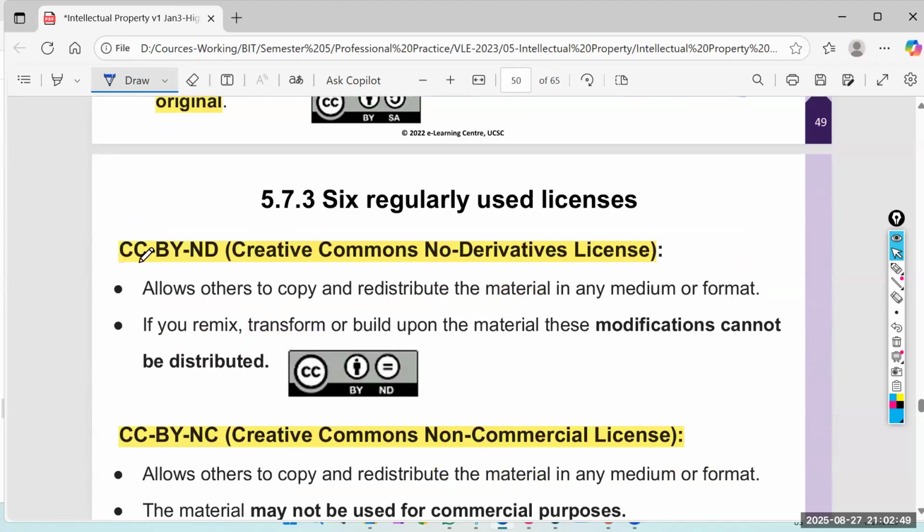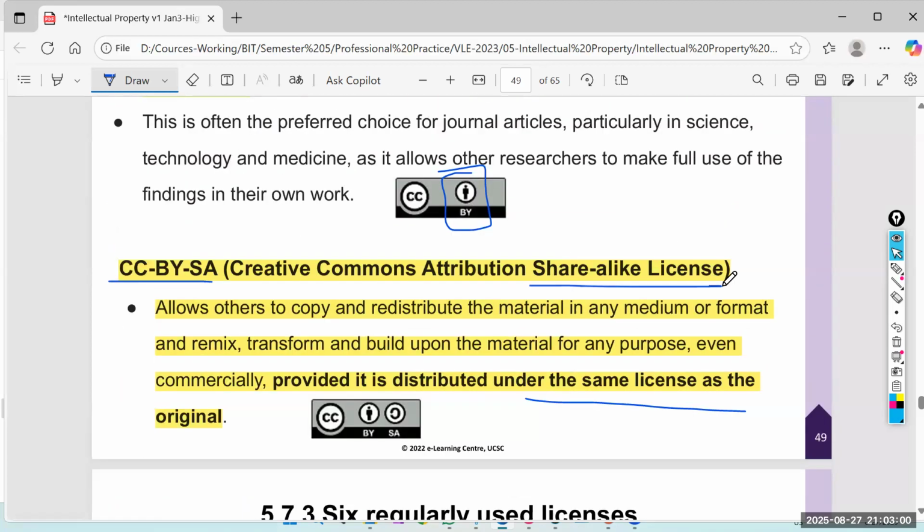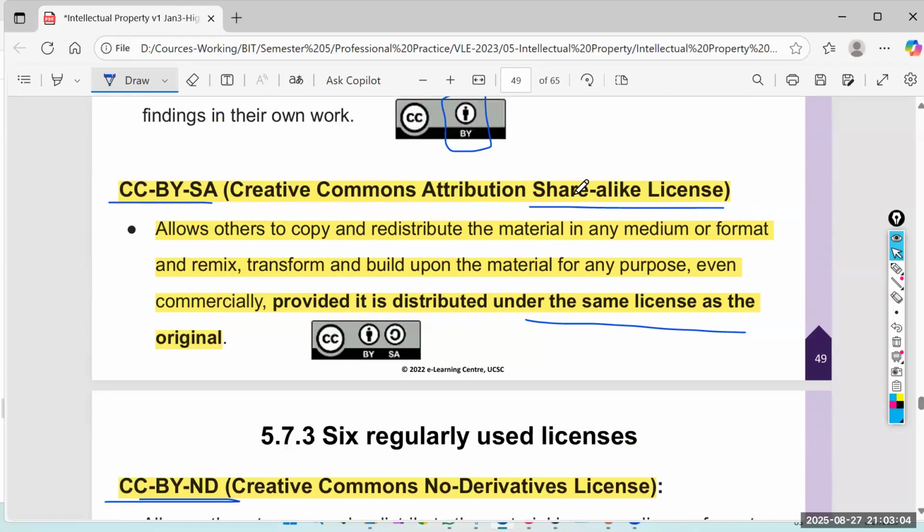Another one is BY-ND, that is attribution and no derivatives. This is share alike. Here you can't even modify. Here you can modify, but you need to give it under the same license. You can't restrict.